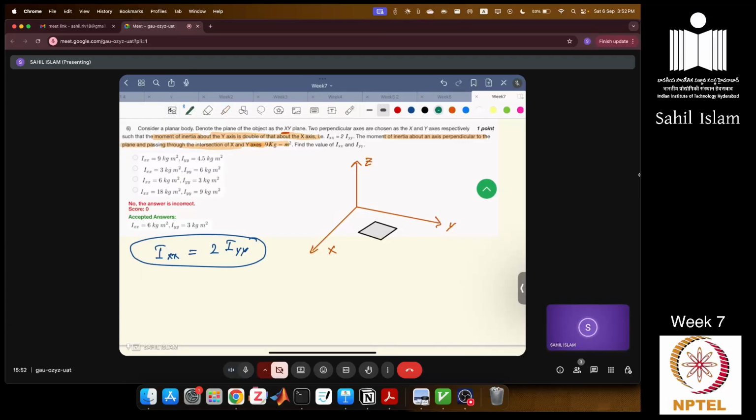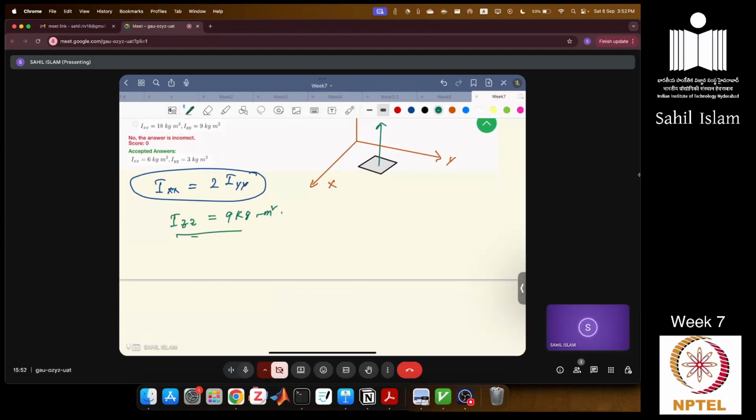So basically they are saying, whatever is perpendicular to this plane, you see this axis is z. So we can say Izz equals 9 kg meter square. Find the value of Ixx and Iyy.